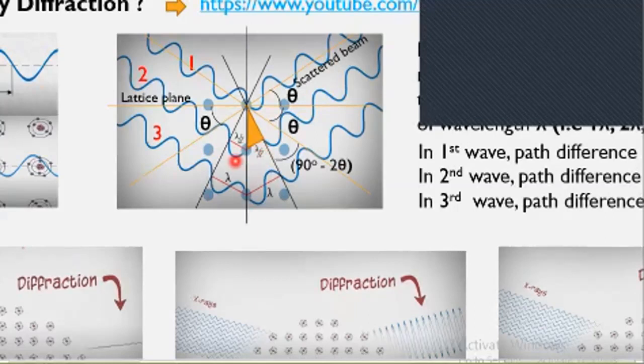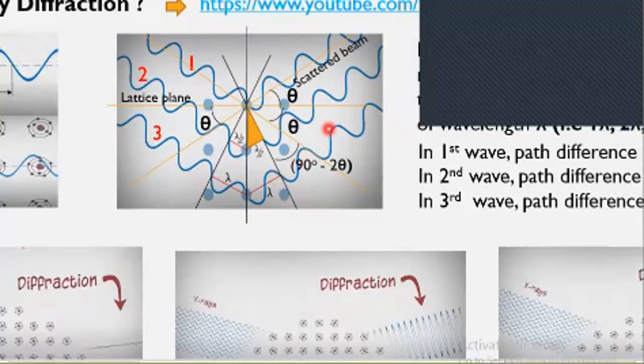So in total we have a path difference of one wavelength. Similarly in the third wave, an extra path of one wavelength is covered by the incident beam, and an extra path of one wavelength is covered by the scattered beam, and in total we have a path difference of 2 lambda.